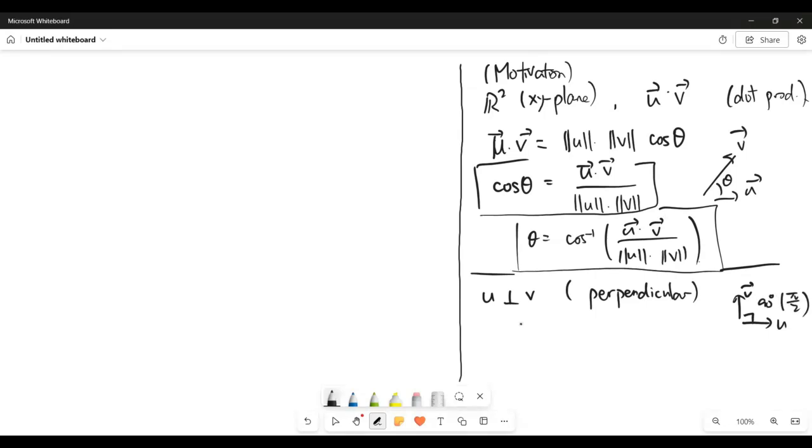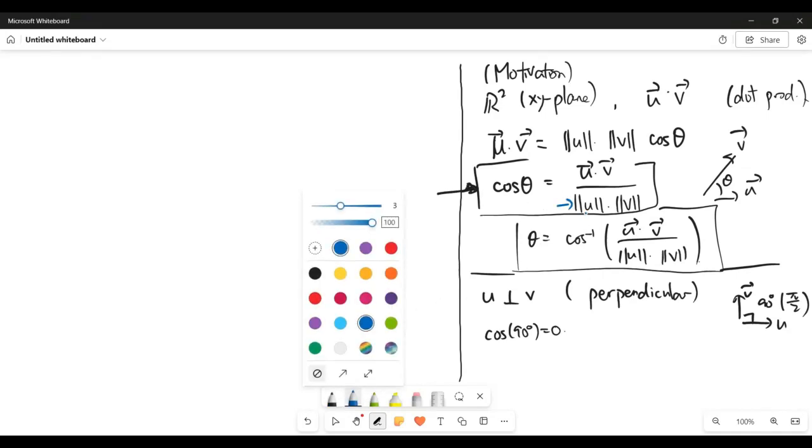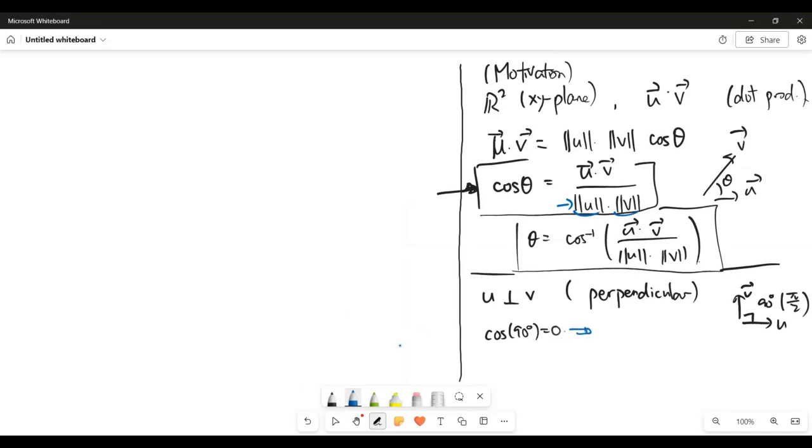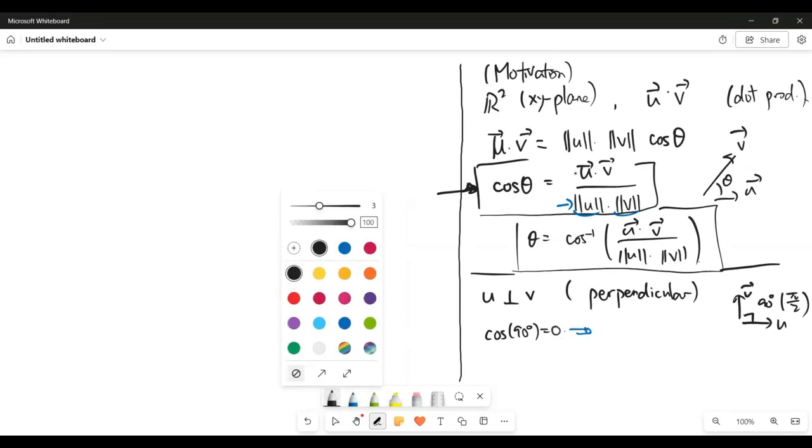So in this case, please recall that when theta is 90 degrees, cosine 90 degrees is 0. If you look at this formula, and because the norm of the vector is the length of the vector, which must be positive, this automatically gives us the fact that u dot v at the top must be 0.